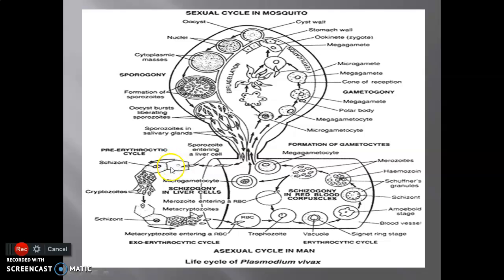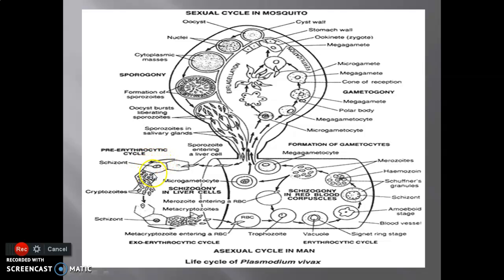Now after entry into the liver cell, the nucleus grows and forms a structure which is quite oval in nature, and this structure we call a schizont.